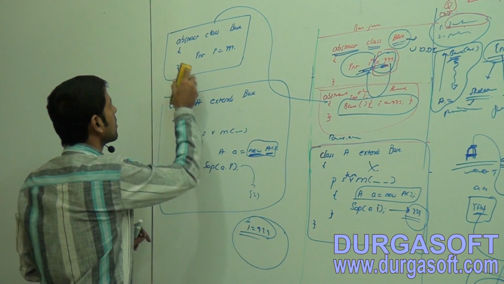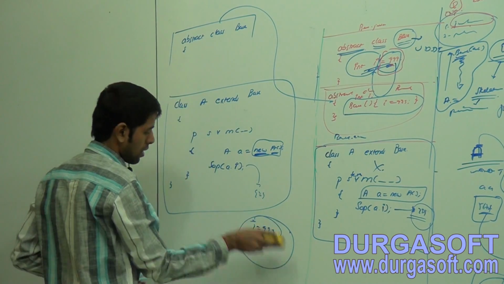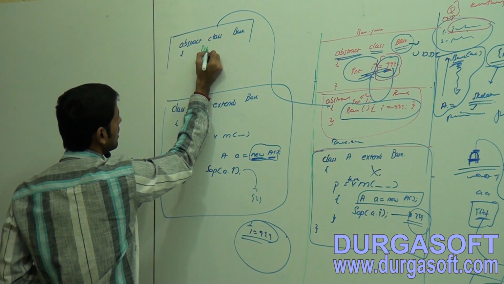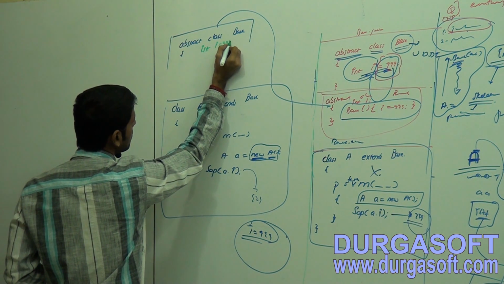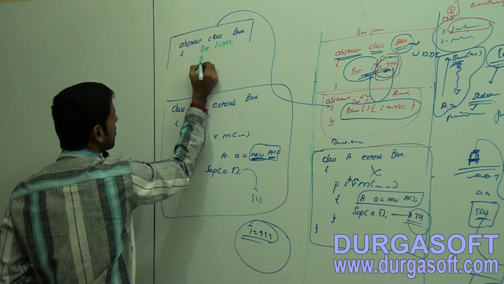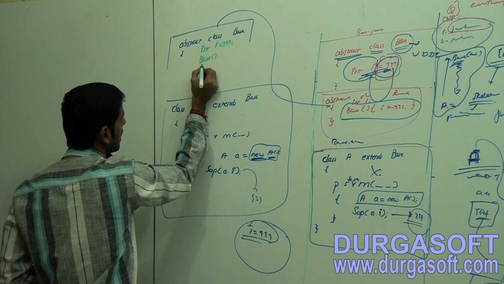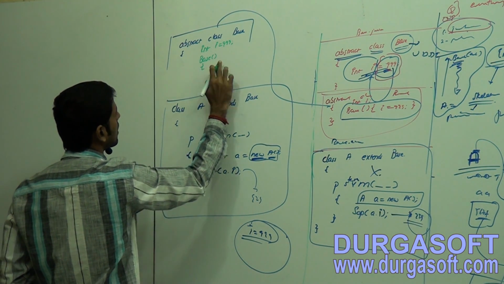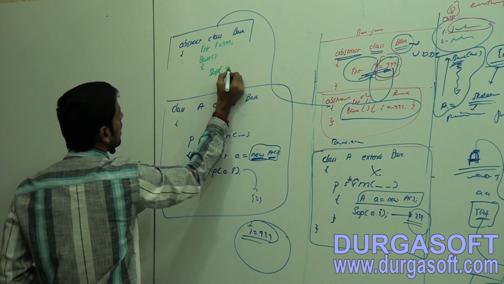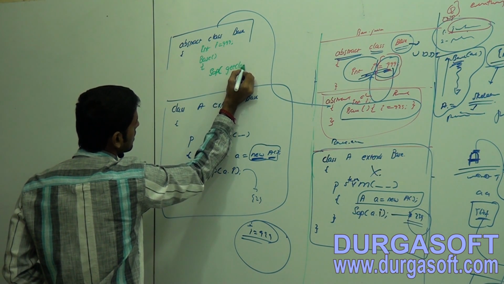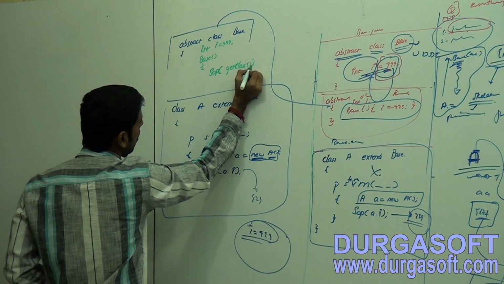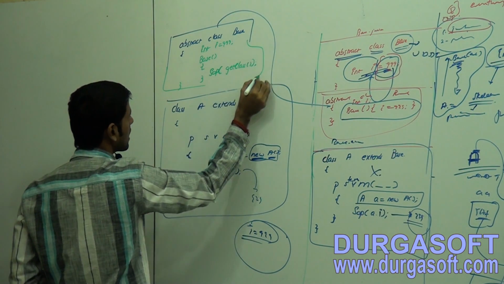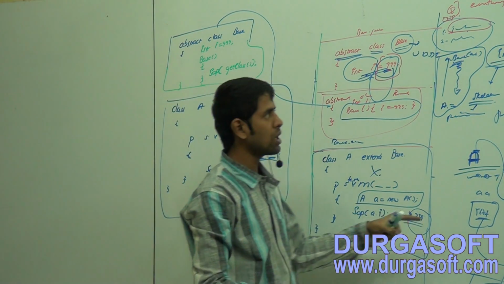Now observe this code. I am going to customize it. int i equals to 999. Now in the base class constructor, SOP of getClass. I want to know which object is currently there in memory.